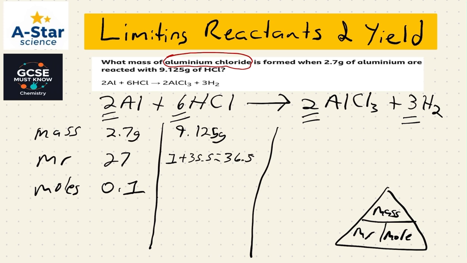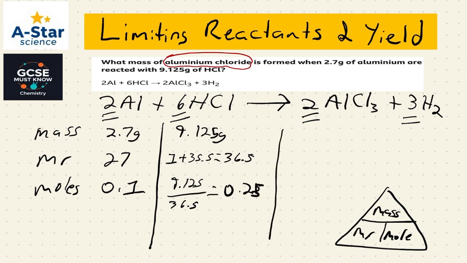And then the next one is 9.125 grams divided by 36.5, which is 0.25 moles. So we need to see which one is the limiting reactant.